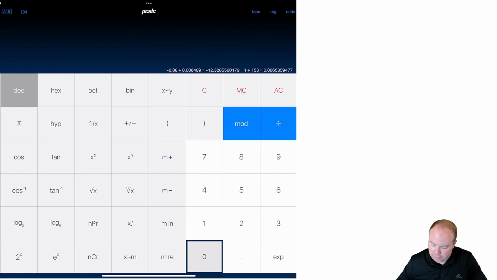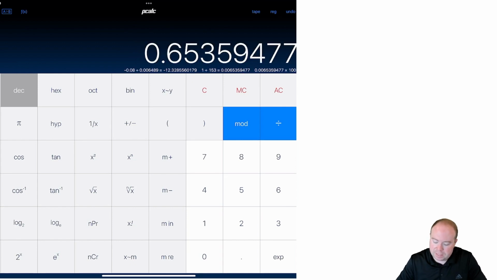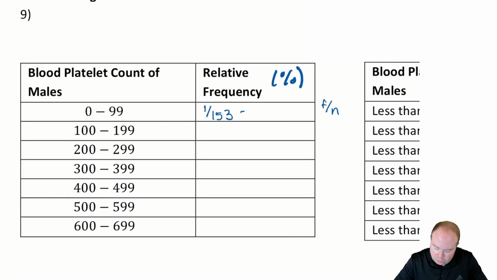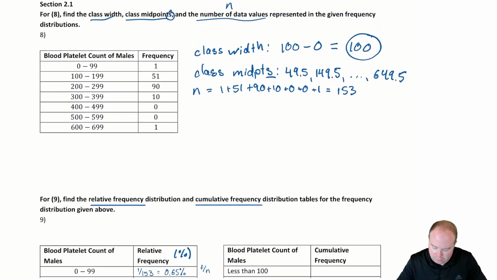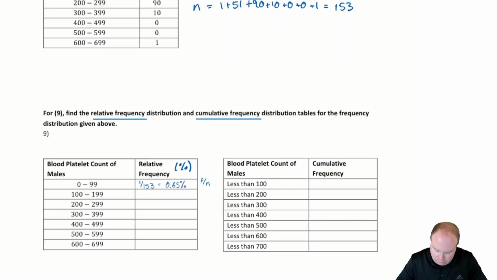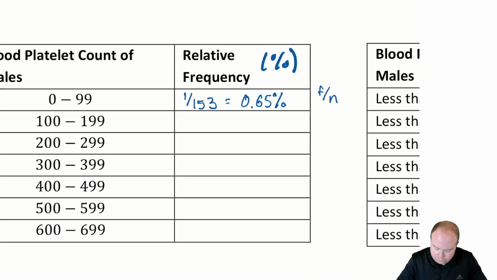If you multiply that by 100, you get 0.65%. And then the second one, going back up to the top, our frequency was 51. So 51 divided by 153. If you work that out, you end up with 33.33%.